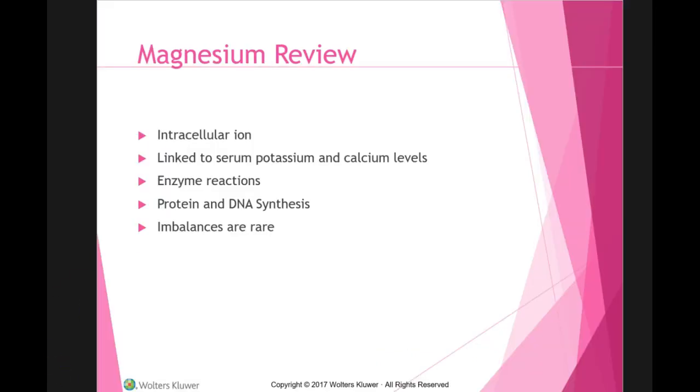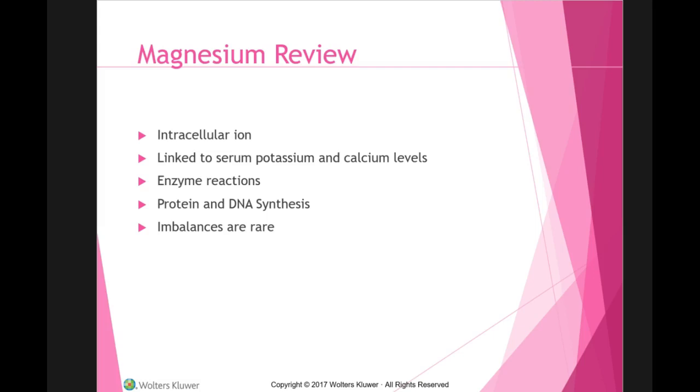Quick review of magnesium. It is an intracellular ion, and about 50% of the total body magnesium is stored in the bone. Serum levels are linked to both potassium and calcium levels. You guys may have already seen this in the clinical setting.